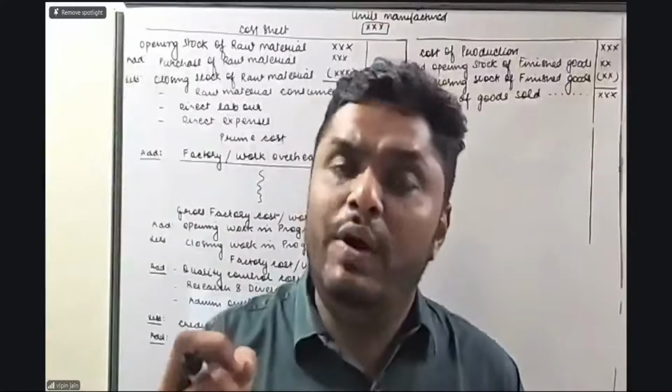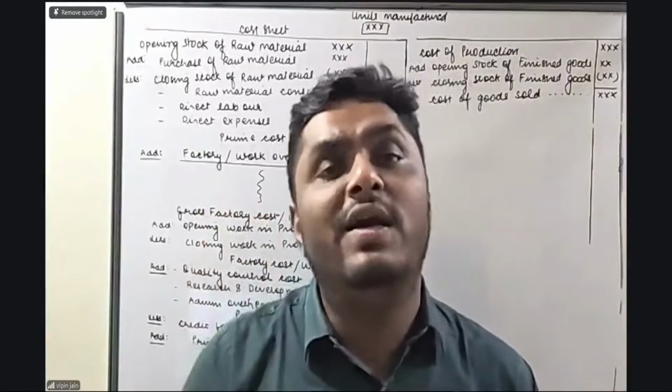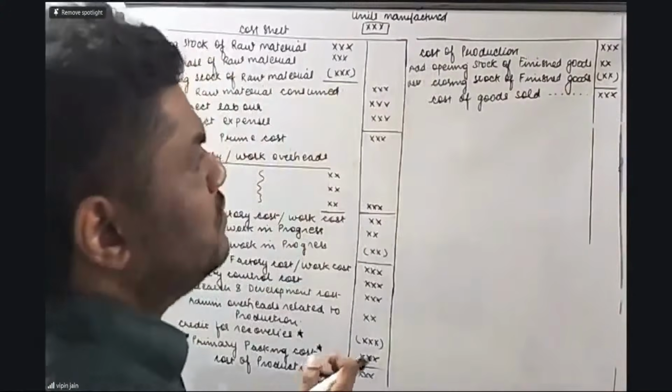So after calculating the cost of production, we will make adjustments of opening and closing stock of finished goods. So we will get what? The cost of goods sold.